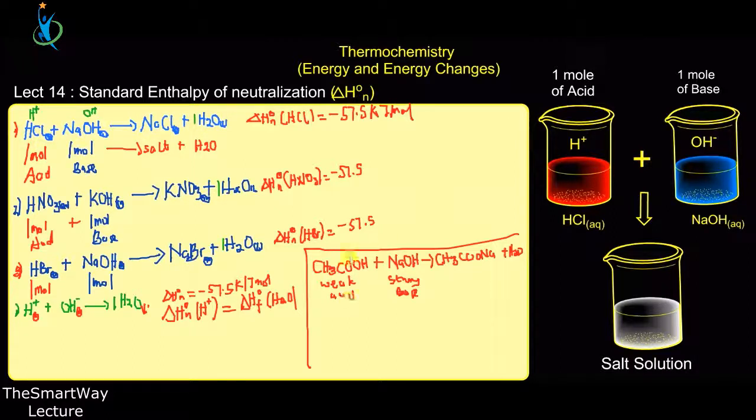But for a weak acid, there is partial dissociation. Not all the molecules break down naturally. When you add a weak acid to a strong base, some of the weak acid remains in the solution, unionized.